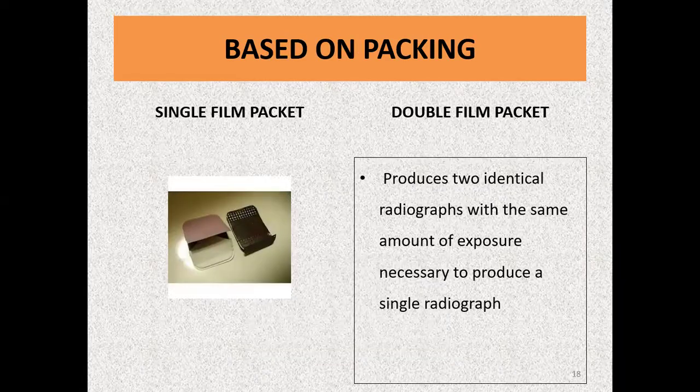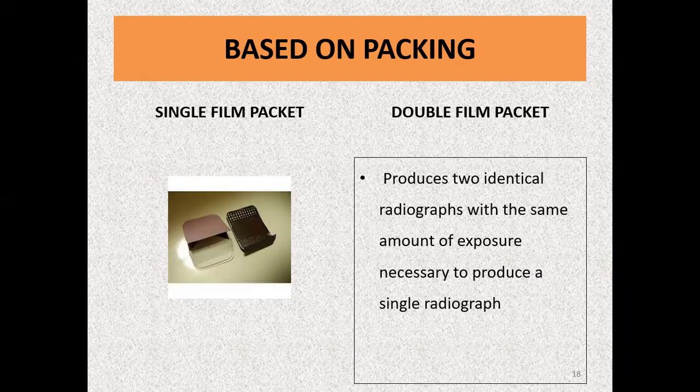Based on the packing, we have got single film packets and double film packets. Usually for intraoral radiography, we use single film packets. And this consists of, in the composition or contents of the film packet, only one X-ray film placed inside the packet. These are used for intraoral radiography normally.